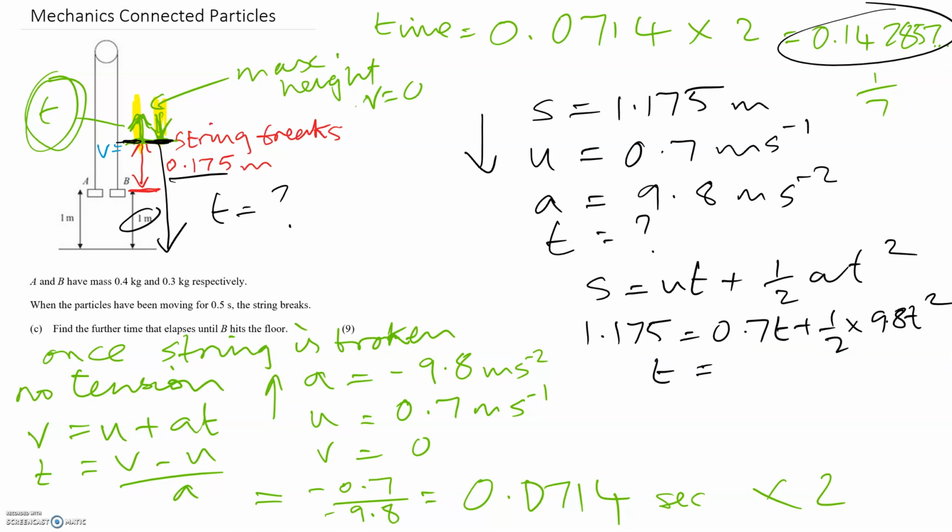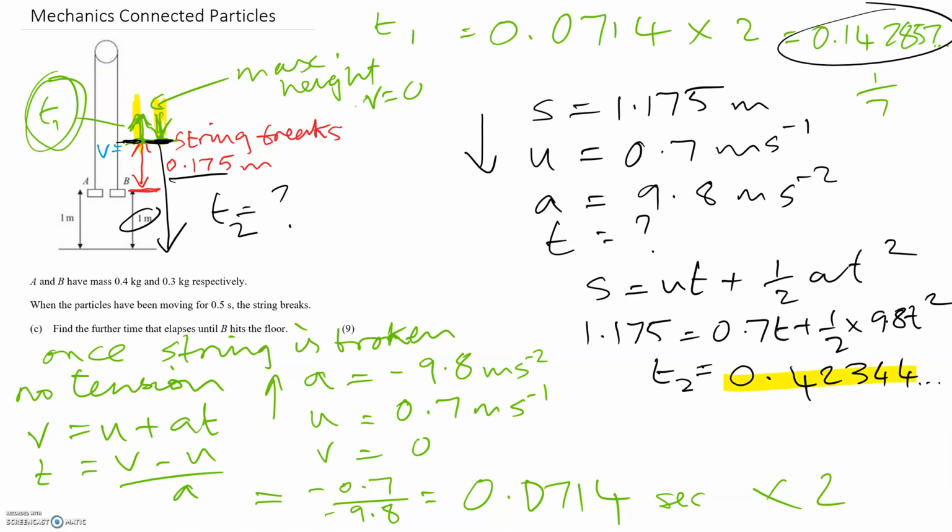Really, I should have called this t2, and I should have called this t1. Let's rub that out and call this t1 up here. It just looks nicer. Okay, so t2 is going to equal 0.42344. So leave that exact, and then add these two together.